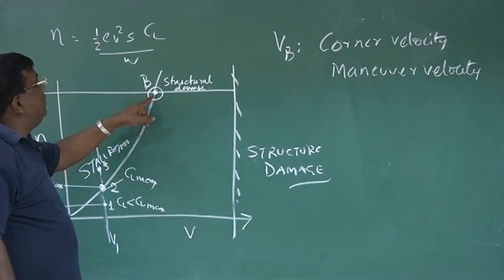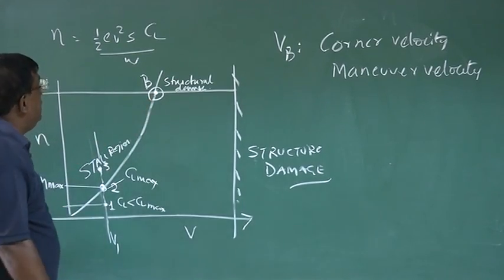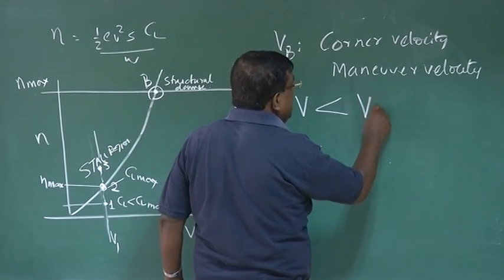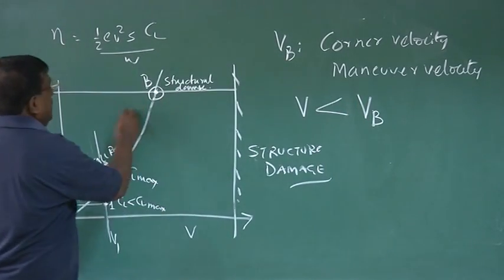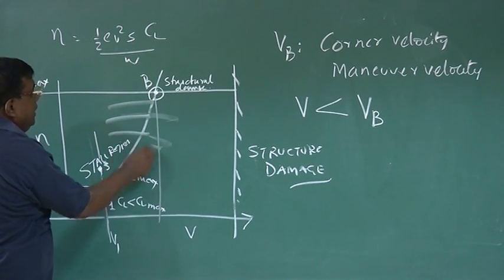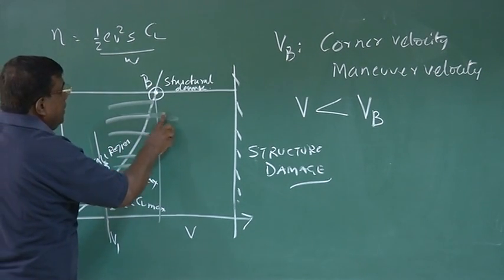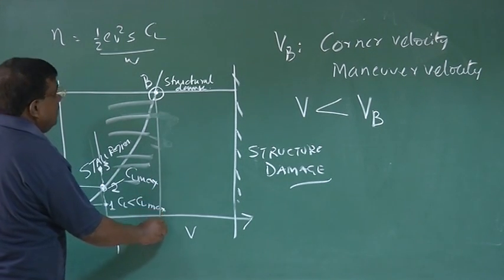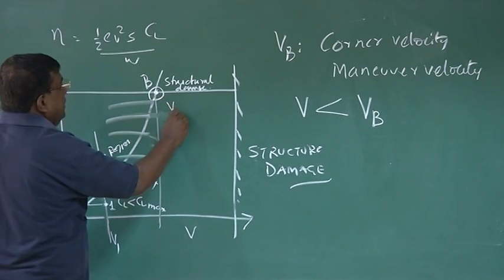What is so unique about this point? You could see if the speed of the airplane is less than VB, that is if I am flying somewhere here, less than VB, flying somewhere here, right? This is what I call VB.